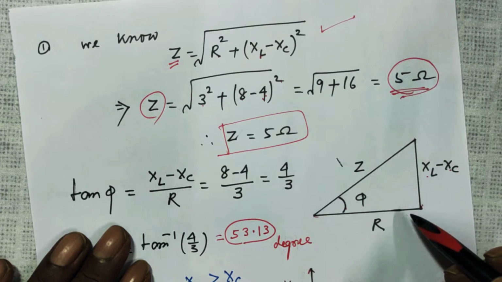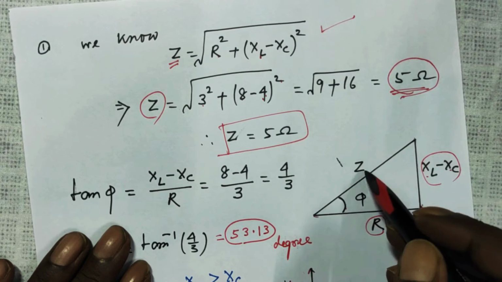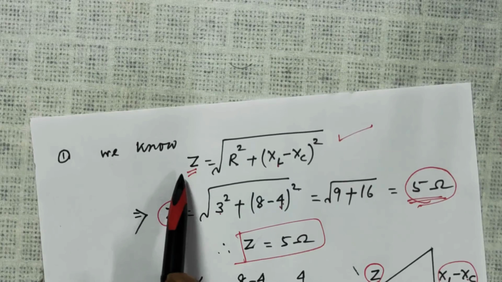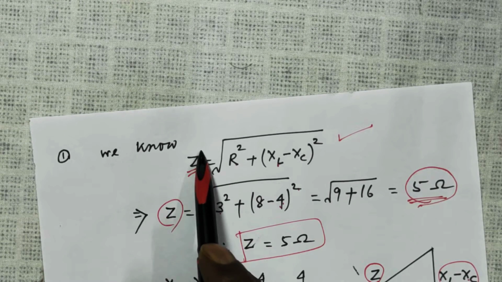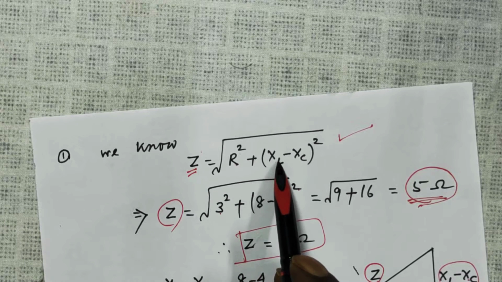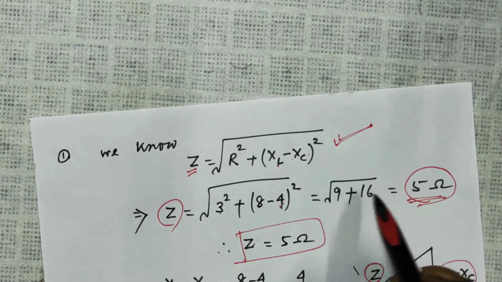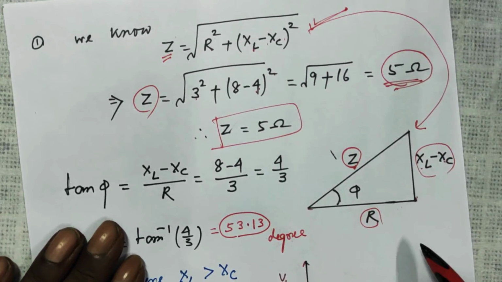That I have explained in theory lessons. And the square of this plus square of this is equal to your Z square. If you square both the sides, Z square will be R square plus XL minus XC square. So it is the Pythagoras theorem. This is represented by a triangle called the impedance triangle.